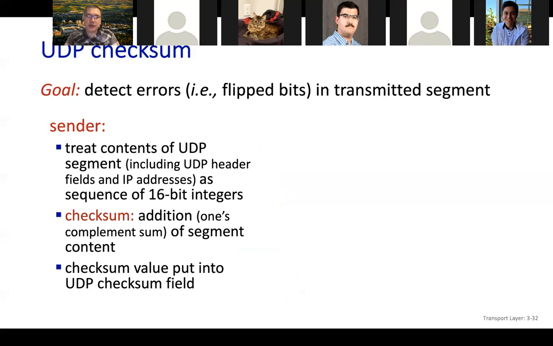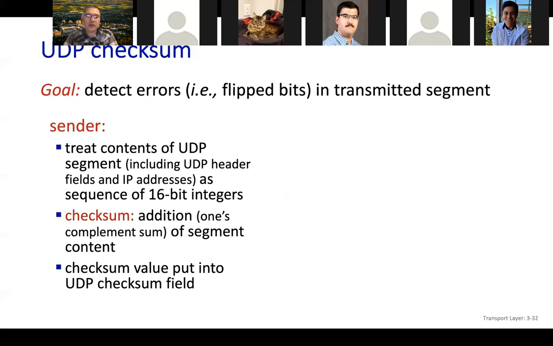And they can do the checksum, okay? Because they treat it as integers, they can do the sum using summation calculation, right? The checksum is just the addition, the complete sum of the segment content. Just add every 16-bit integer together to get the sum, okay?